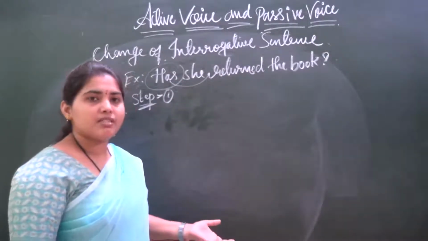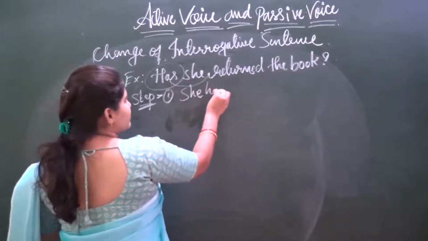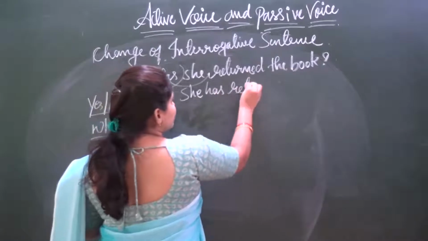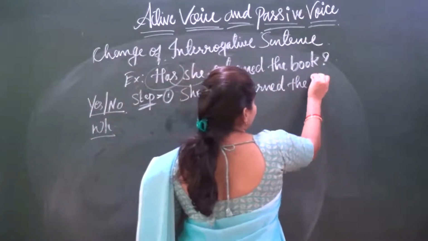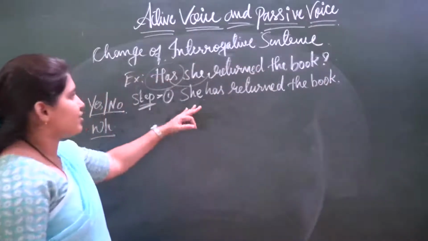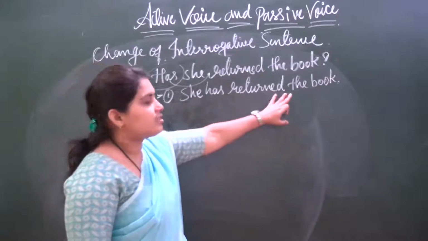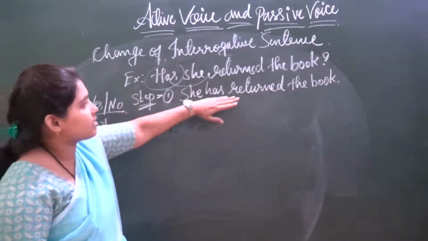Obviously, it will become an assertive sentence, right? So, she has returned the book. Right? She has returned the book. This is an assertive sentence.